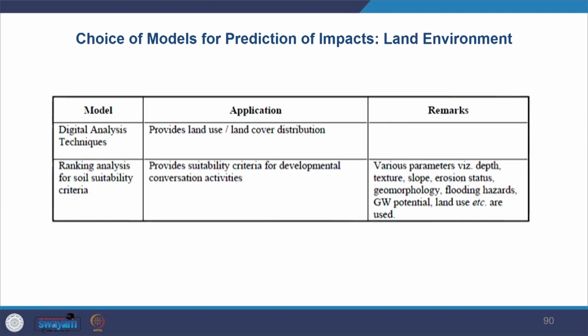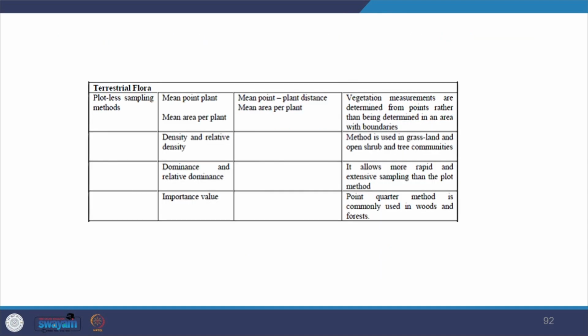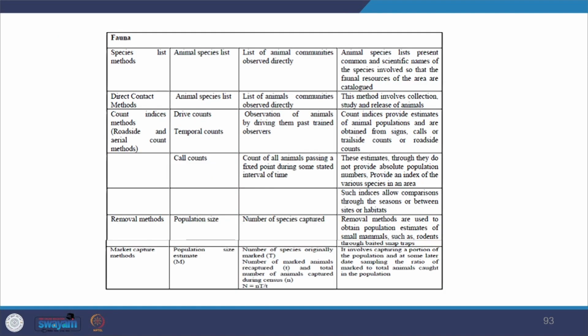Then you would also find models for the land environment. You have digital analysis technique, and ranking analysis for soil suitability criteria. So this can be used. Then for biological environments you have sample plot methods. We have seen the transect, line intercept methods, plotless sampling methods, species list method, direct contact method. So all these we have seen.